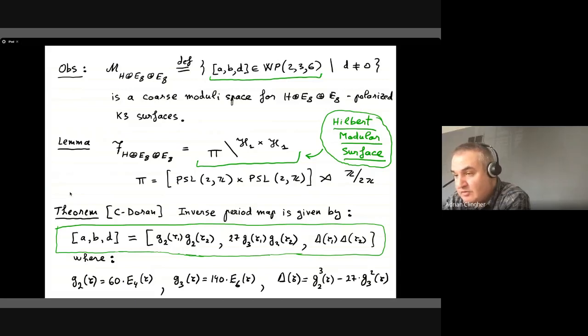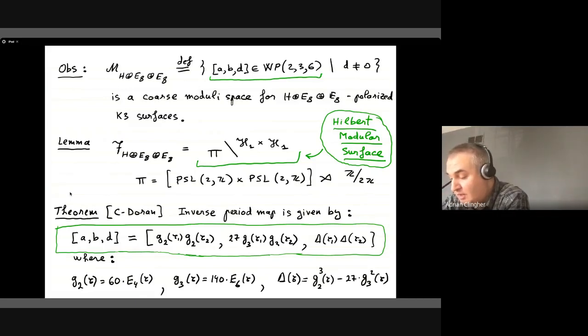If one works through the general Torelli procedure I discussed at the beginning of this talk, one can actually find a nice description of the moduli space of periods in this situation, and it turns out we are running again into a known object in arithmetic geometry or number theory.